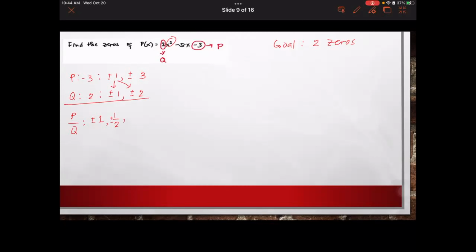The next is 3. 3 divided by 1 will be positive and negative 3. The next is 3 divided by 2. Therefore, positive and negative 3 over 2. Nakuha ba kung paano nakuha si 1, 1 half, 3, and 3 over 2? Or do I need to repeat this?